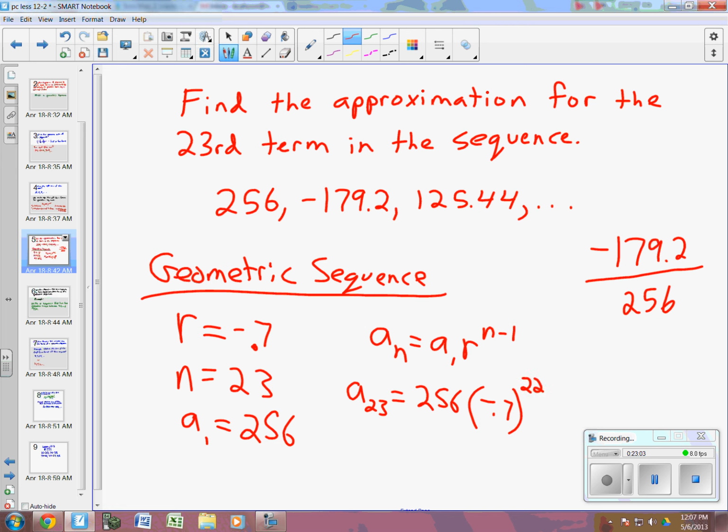Now, when we did this in our calculators the other day, it gave us a number in scientific notation. So I want everybody to put this in your calculator to see what it looks like, and then we'll change it right here. What does it look like in your calculator? Sadie, will you read it to me? Oh, you didn't get scientific notation?